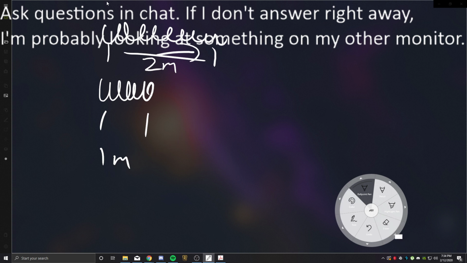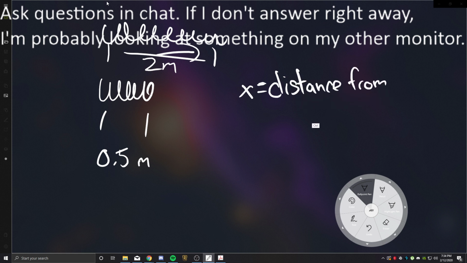Never mind, hold on. I'm going to make this 0.5 meters. The proper definition for x is the distance from equilibrium.